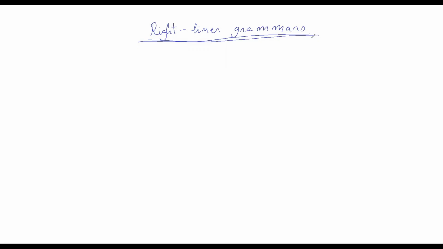And I would like to give first the definition of what a right linear grammar is. So this is really a grammar. Just like before, we have the alphabet of symbols, we have the terminals, we have the productions, and we have the start symbol.